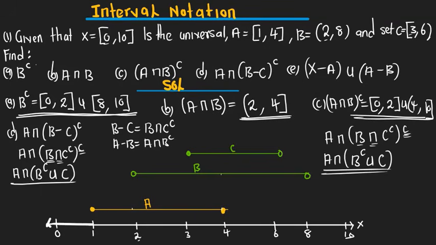From there, this is what is going to happen. We can now work out whatever is in this set. So let's do this. Let's find B complement. First of all, let's find whatever is inside the brackets. Simple. So B complement: you shade here.